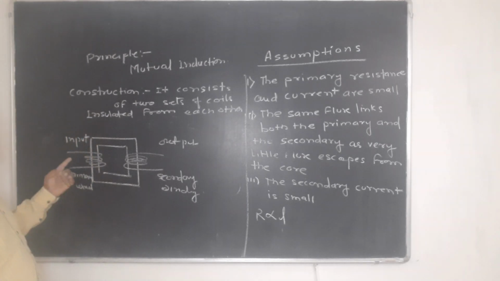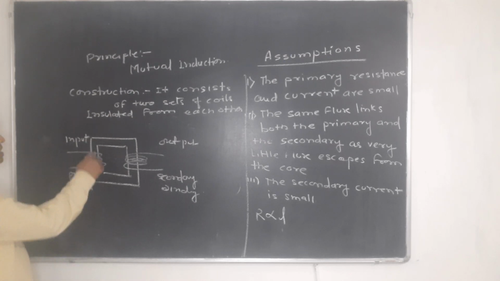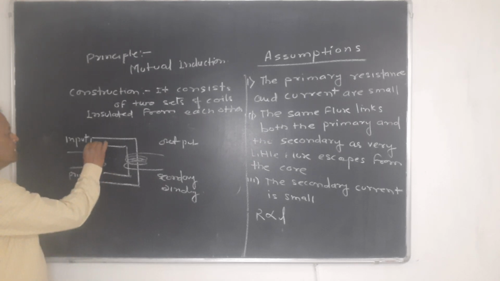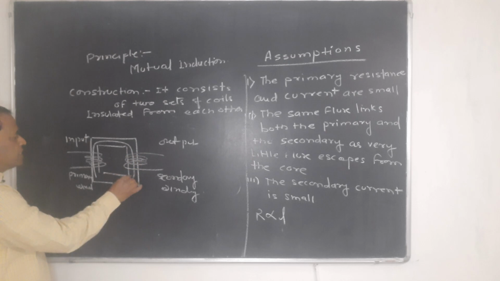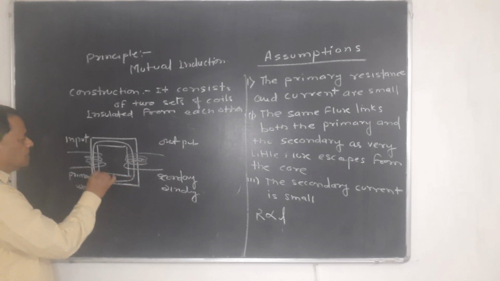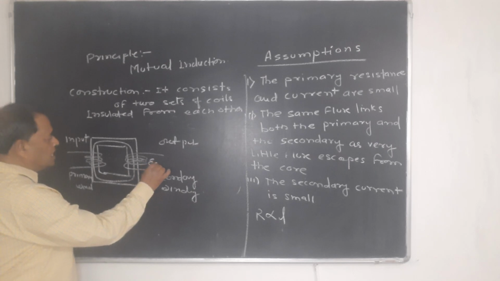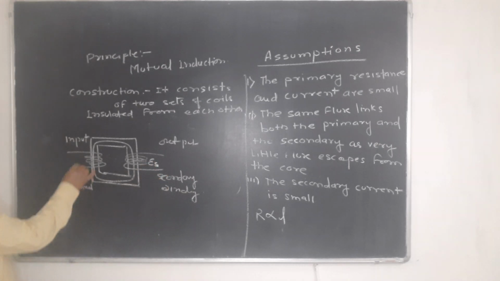When alternating voltage is applied to the primary, the resulting current produces alternating magnetic flux, and this flux links to the secondary, and EMF is induced in the secondary.